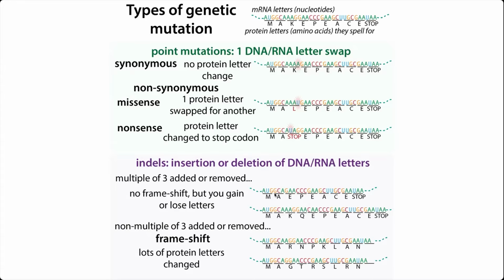If you insert or delete a duplicate of 3, then your protein's going to either be missing a letter or have extra letters, but on either side it would be okay. Whereas in a frame shift mutation, you make a change that gets things out of frame, and so it messes up that kind of 3-3-3, and therefore your whole sequence after that is going to be different.